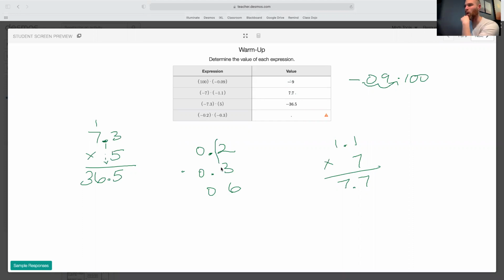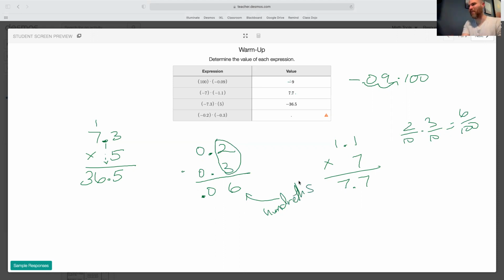So you got 1, 2. So that means that when you finish, you should have 2 numbers after the decimal point. Another way to think about it is 0.2 is the same as 2/10, and 0.3 is the same as 3/10. And when you multiply these as fractions, you get 6/100ths. So my 6 should wind up in the 100th spot. Can't believe I almost messed that up and gave it 0.6 or 6/10.